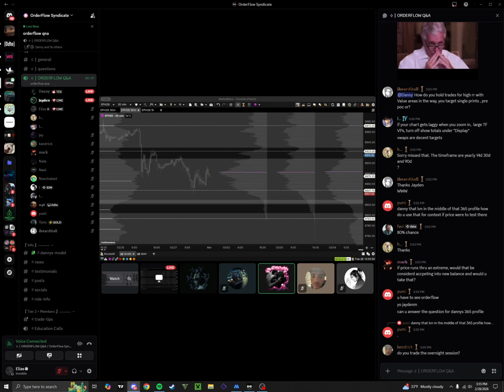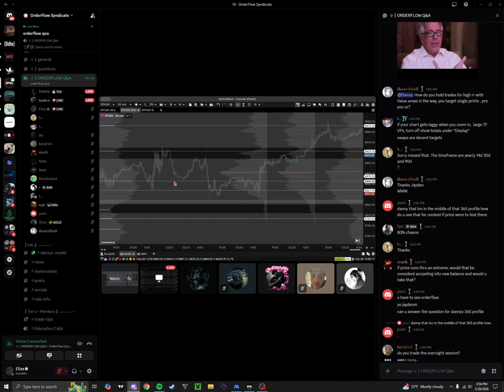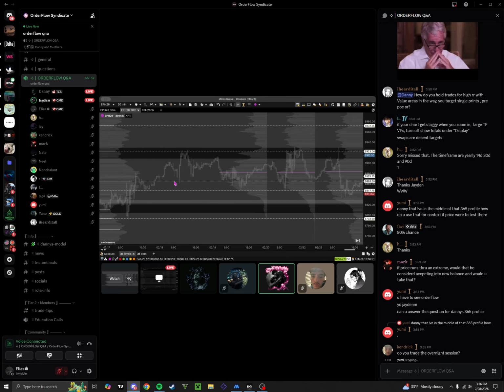So what I kind of do is, technically, yeah, it is a low volume node, but it's not as prominent, right? Because according to auction market theory context, it's still in the middle of balance. And if I were to go to that same low volume node on my chart, even if I were to mark that out, I don't really see much clean rejections off of it.